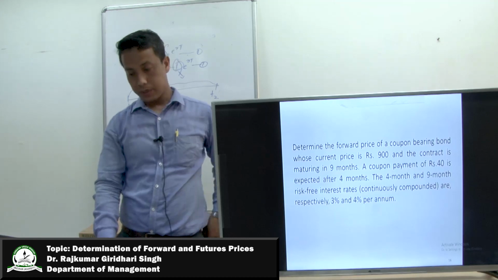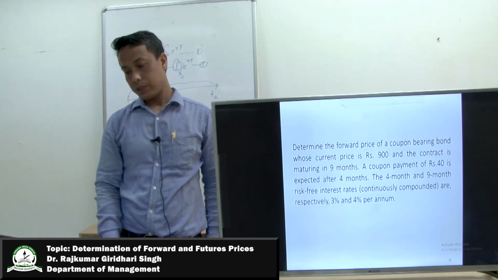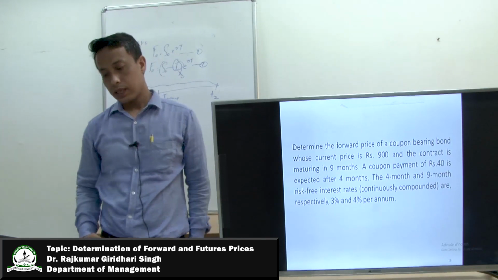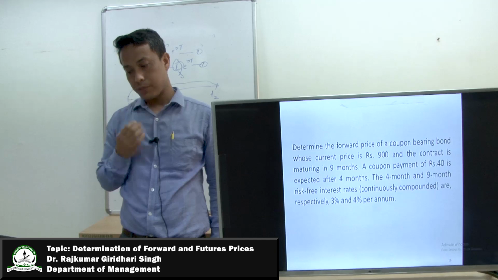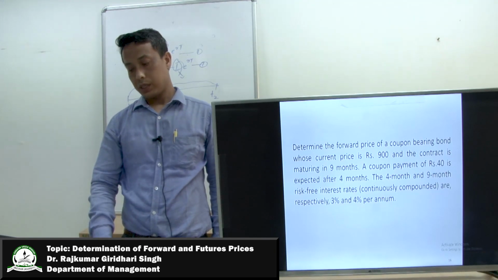Now here is an example. What's the requirement? We need to find out the forward price of a particular underlying, and the underlying is a bond whose current price is rupees 900, and the contract is maturing in 9 months.